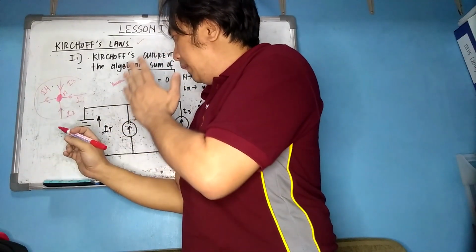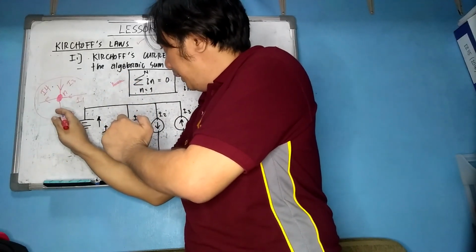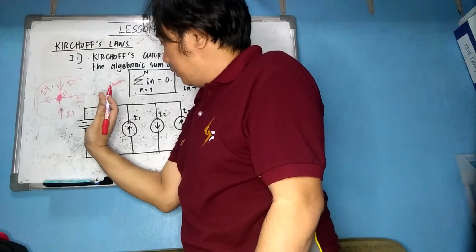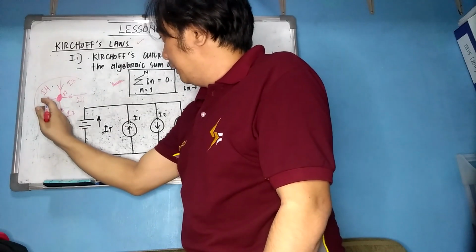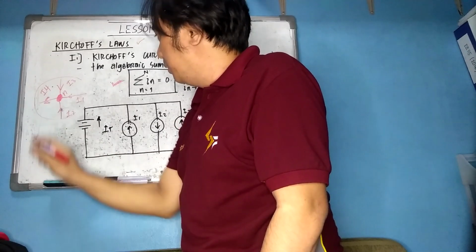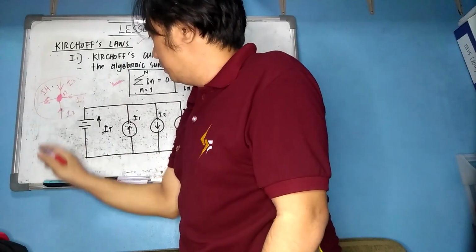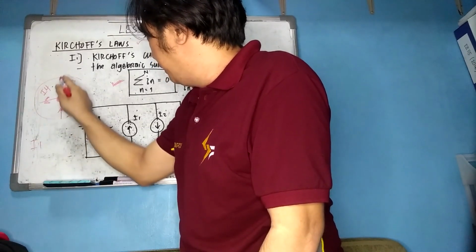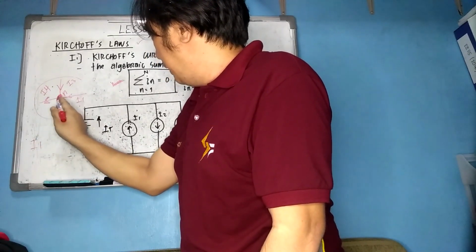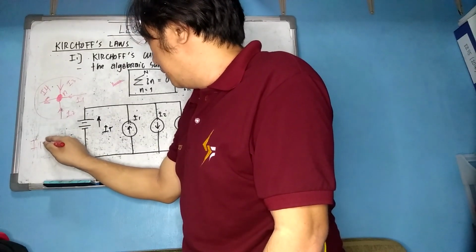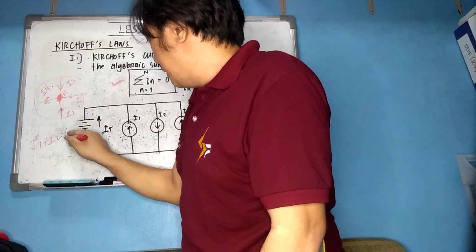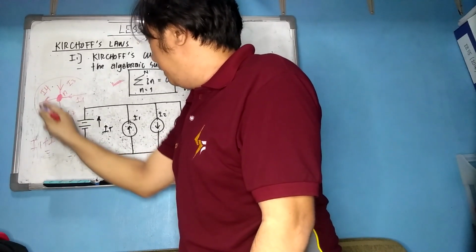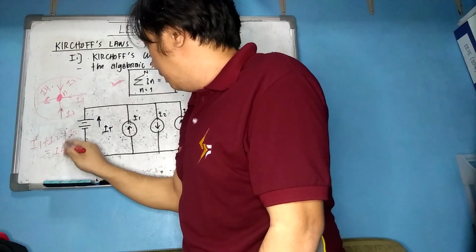When you say current entering, the arrowheads must enter the node. And if you're considering current leaving, the arrowheads must be leaving the node. So in this example, we have I1 entering, plus I2 plus I3, simply equal to the current that will leave the node, which is I4.